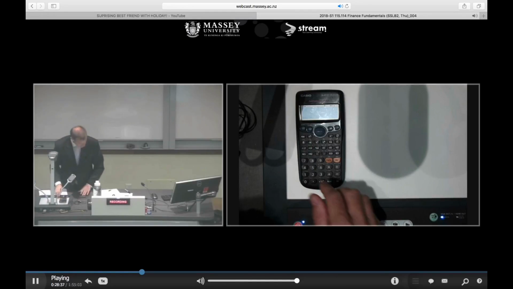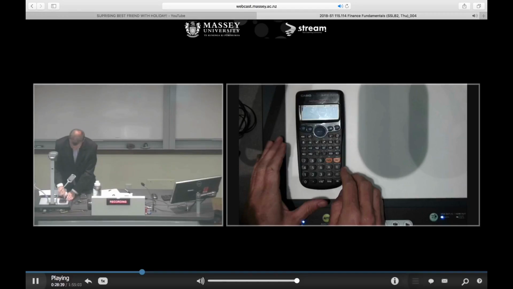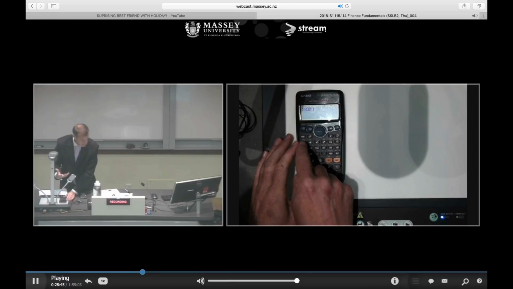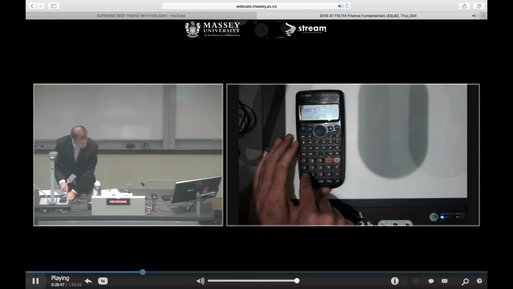It becomes clearer once I go through the calculation. So first of all, 2,800, open the brackets, then we need a fraction, and we open more brackets. So we're now doing the top part, 1 plus 0.075, close the bracket, raise that to the power of 4.